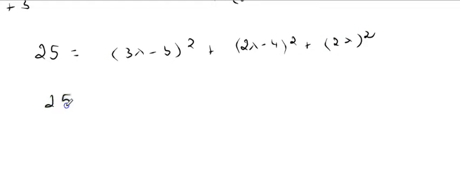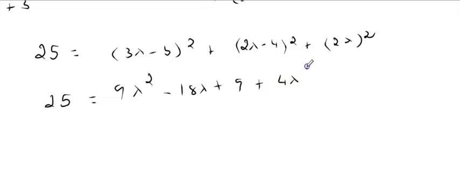Now expanding using the identity (a minus b) the whole square, that will give you 25 is equal to 9 lambda squared minus 18 lambda plus 9, plus 4 lambda squared minus 16 lambda plus 16, plus 4 lambda squared. When I simplify this, 9 plus 4 is 13, 13 plus 4 is 17.